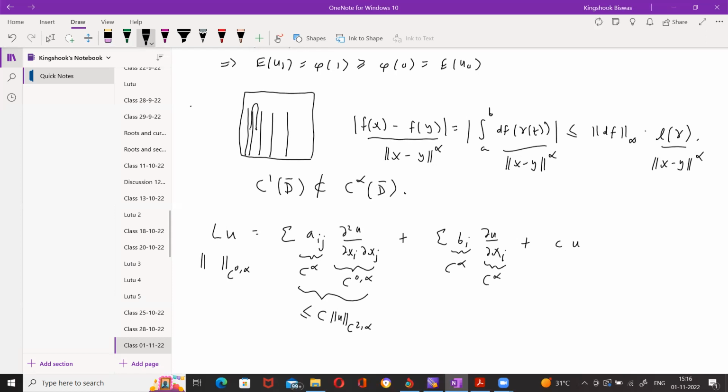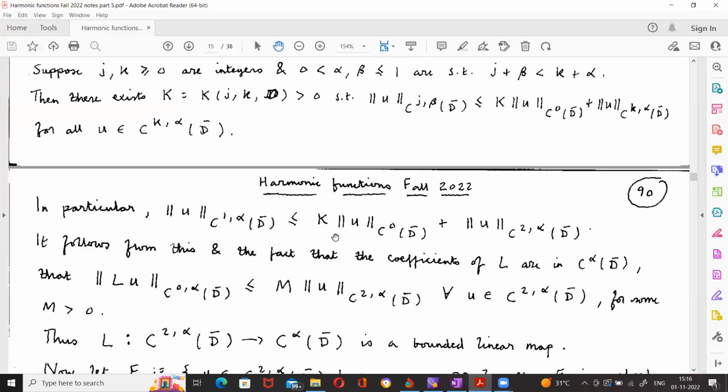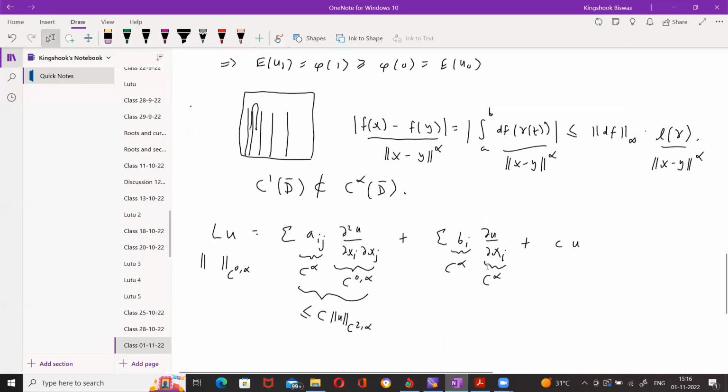So the C1 alpha norm, not only is it finite, the C1 alpha norm is bounded by a constant times the C0 norm plus the C2 alpha norm, right? So in particular, the alpha Holder semi-norm of these first derivatives is going to be bounded by a constant times the C2 alpha norm, right?